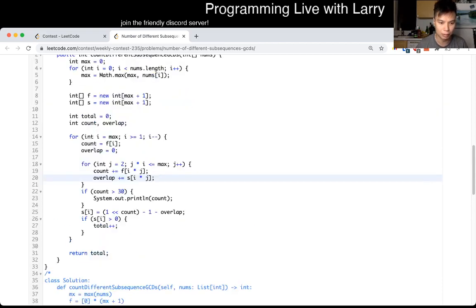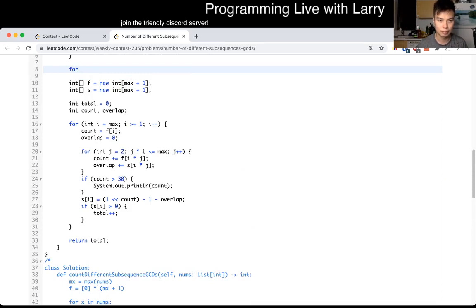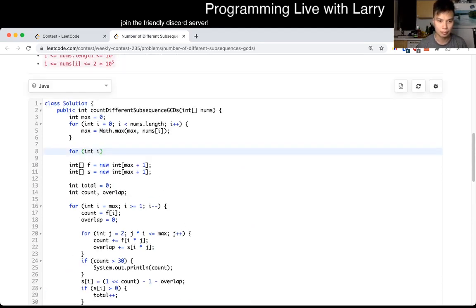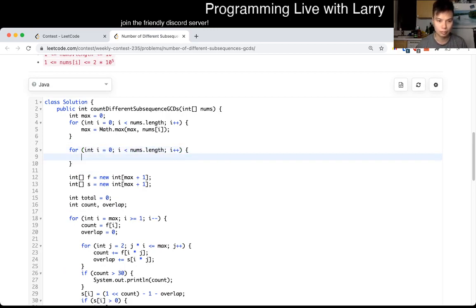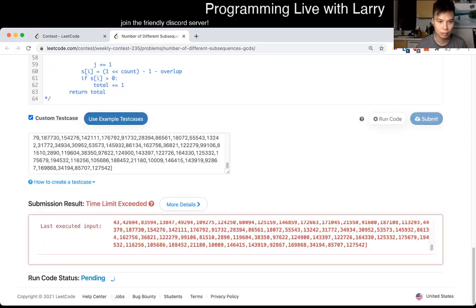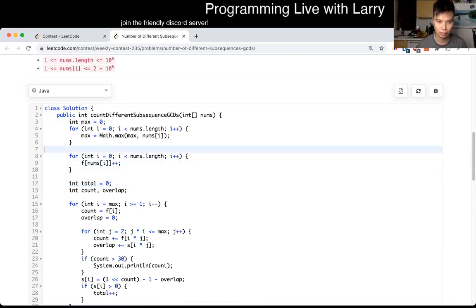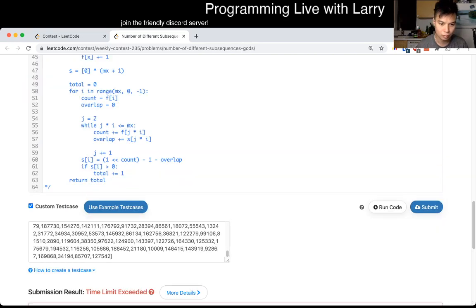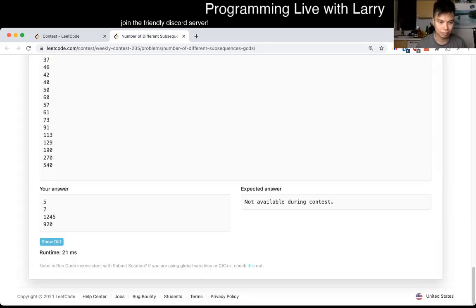Oh, I forgot a for loop. Is this the right answer?